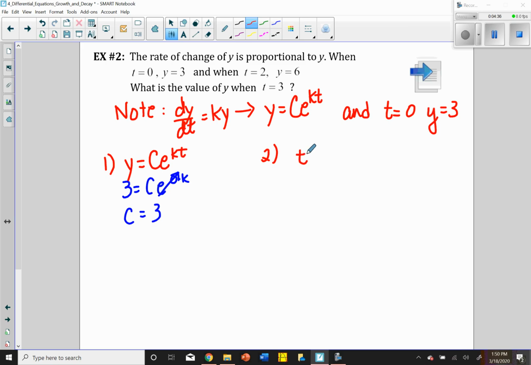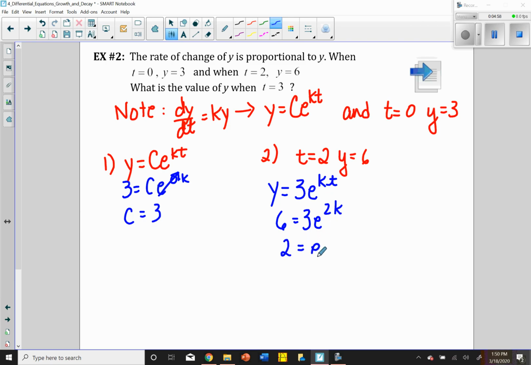When t is 2, y is 6. Our general solution is y equals 3e to the kt. When y is 6, t is 2. So solving for k, we can find our constant of proportionality.